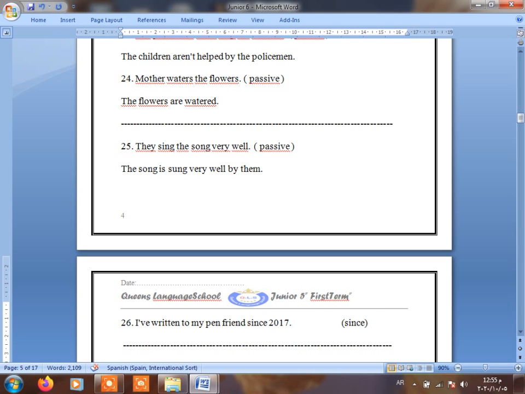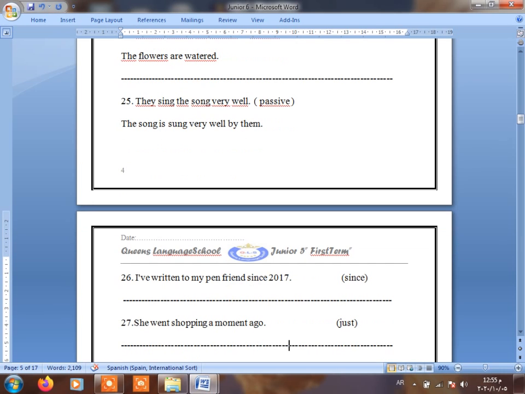Okay, so number 27, she went shopping a moment ago. So just means I use it to describe an action that happened a short time ago, like 2 minutes ago, or 3 minutes ago, or 5 minutes ago. So of course when I rewrite this sentence with just, I have to erase or cancel anything that has the same meaning.